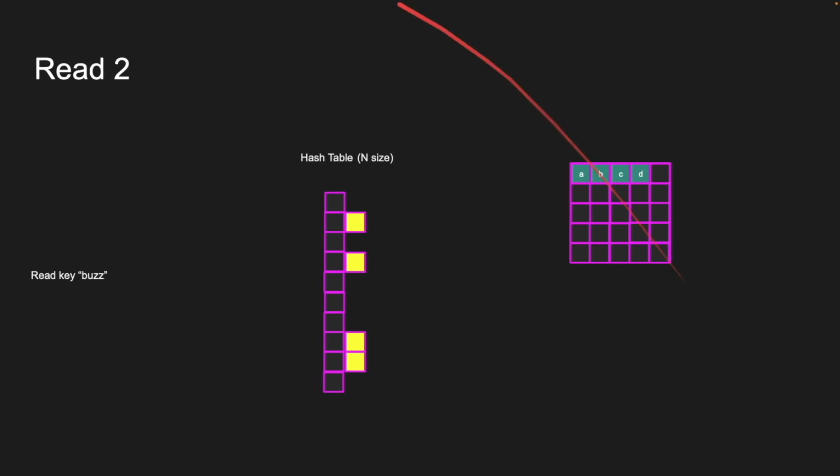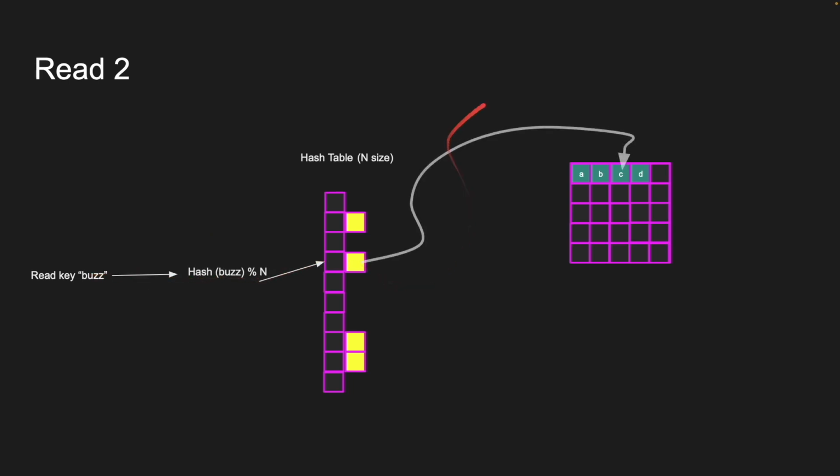Read 2. This is another example of a read. I'm going to read buzz, hash the buzz, get the N, get the item, and get a C. Now when we read C, C is pushed to the head, D is slightly pushed, and obviously the LRU is updated. And that's another lock. You have to take a lock to do that.